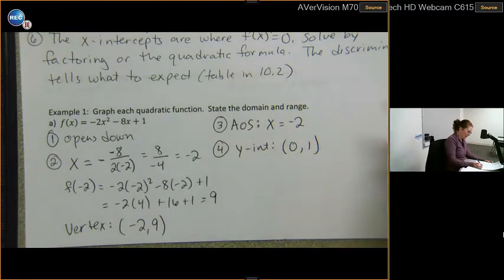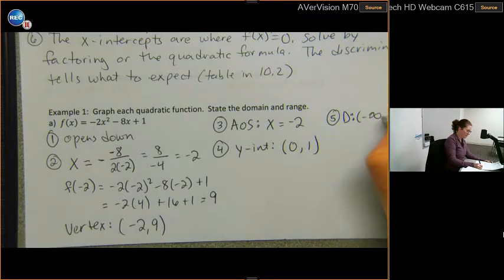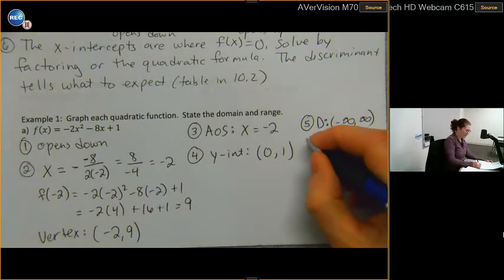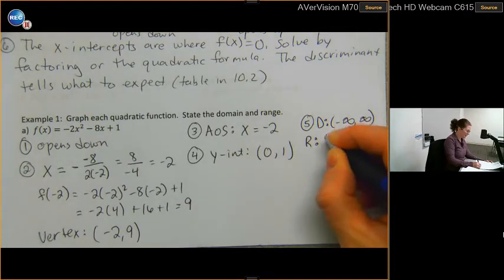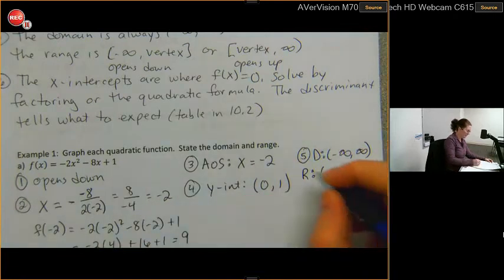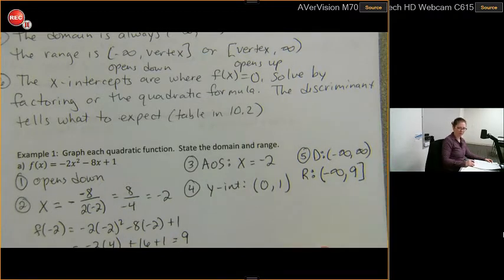Step 5, the domain is negative to positive infinity, and the range, since my parabola opens down, is negative infinity to the y-coordinate of the vertex.